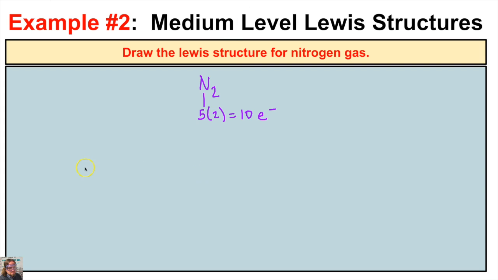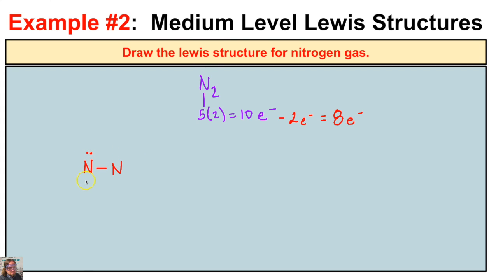First of all, we know that nitrogen is going to be bonded to nitrogen. So we've just used up 2 valence electrons here in our bond between the 2 nitrogen atoms, and so that leaves us with 8 valence electrons that we have to surround these nitrogen atoms, satisfying the octet rule for each one of these nitrogens.